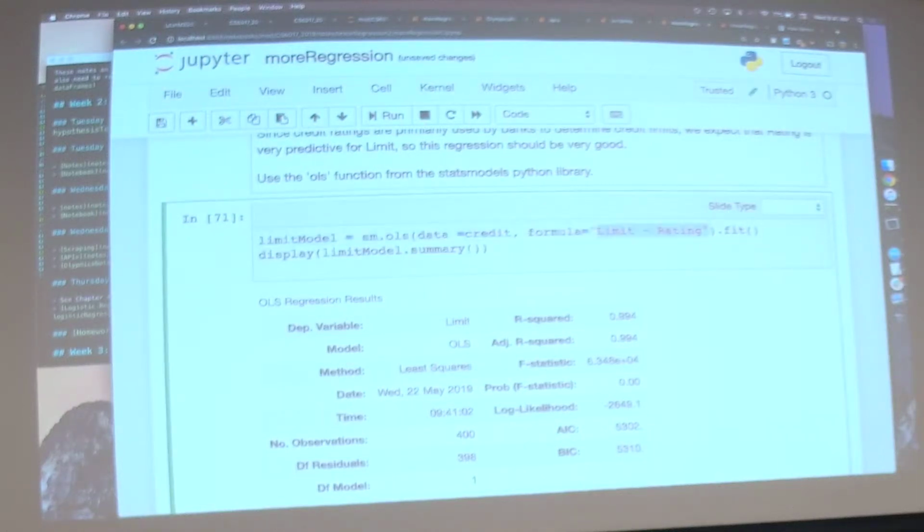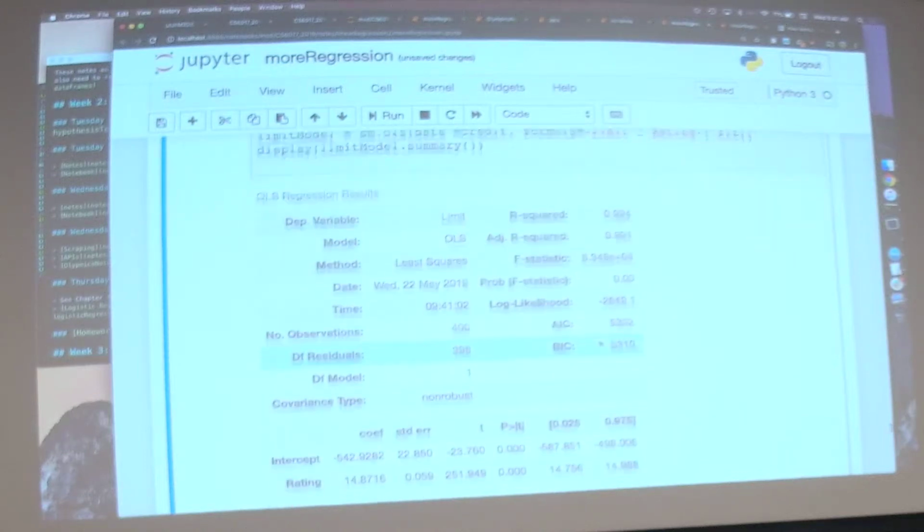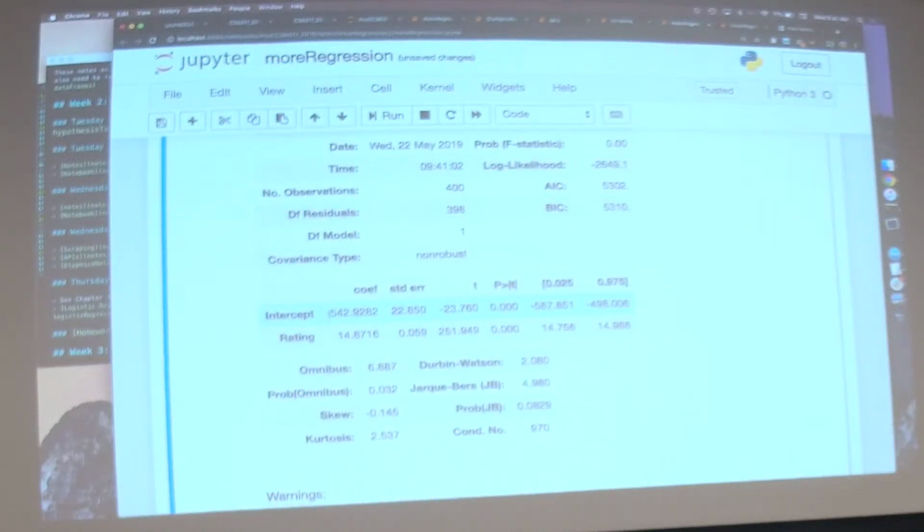So we're just looking at limit as a linear function of rating. R squared is very, very high, which shouldn't surprise us given that our data was a straight line. Our intercept is negative 500, and our rating coefficient is 14.8.